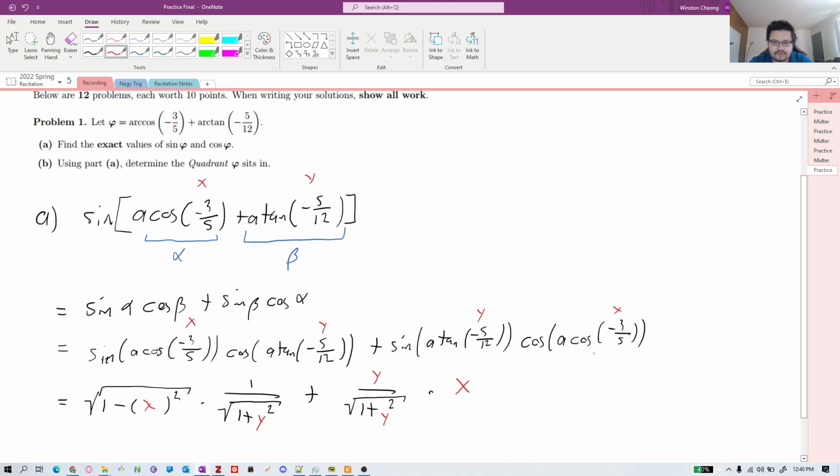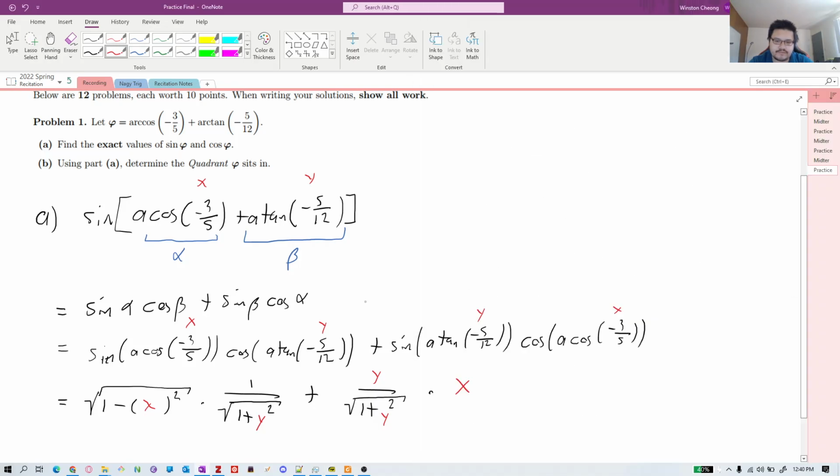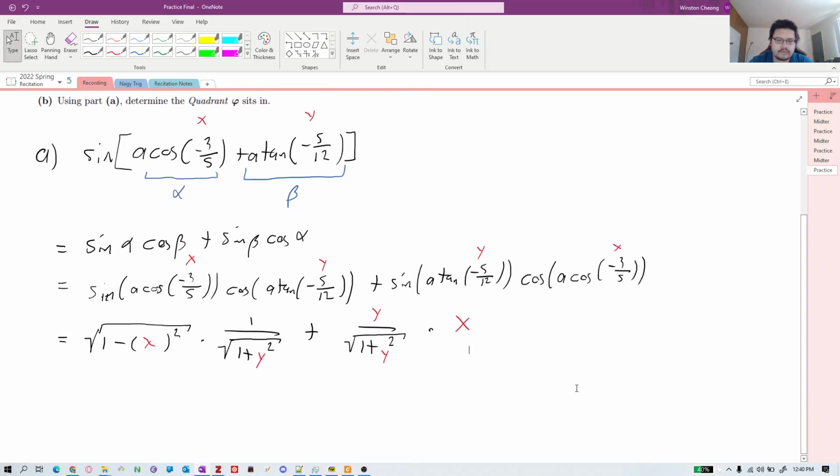So cosine of arc cosine, you just kind of know that it cancels, or you can find it. Cosine of arc cosine just cancels and gives you back the original variable. Right, so if we didn't use the actual numbers that were given to us, this would be the expression that we would deal with. And okay, well maybe it's fine.